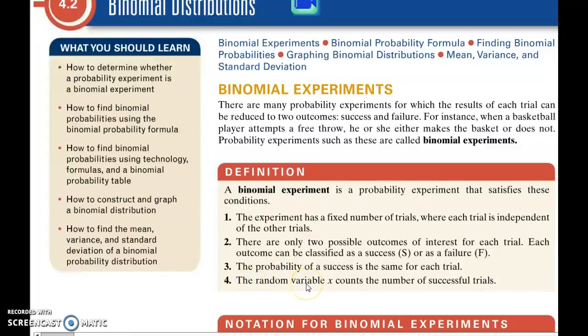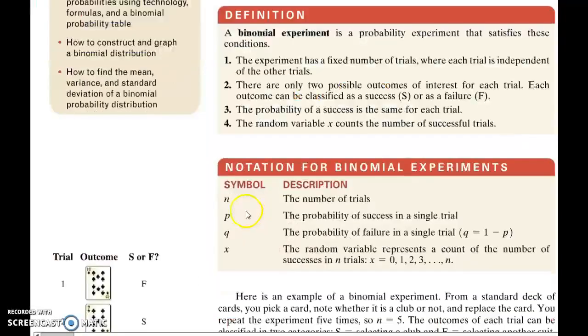And number 4 says what we're actually trying to count here, what our distribution is going to show, is the number of successes. So if we said we were going to take 20 shots with the basketball, our random variable would then be all the values from 0 to 20, because those are the possibilities for the number of successes we could have. We could make 0 shots or 1 shot, all the way up to making them all, 20 shots.